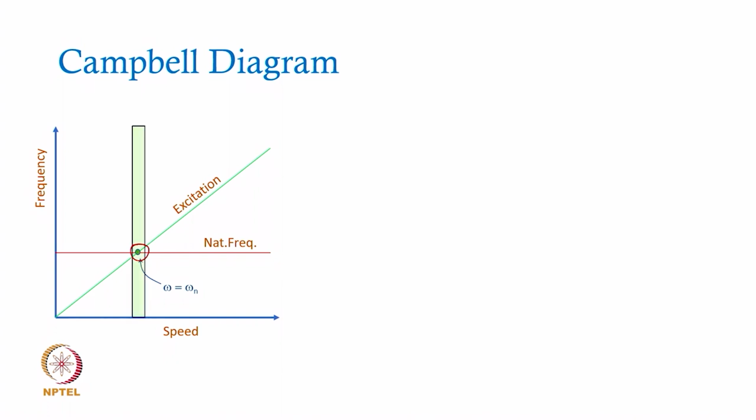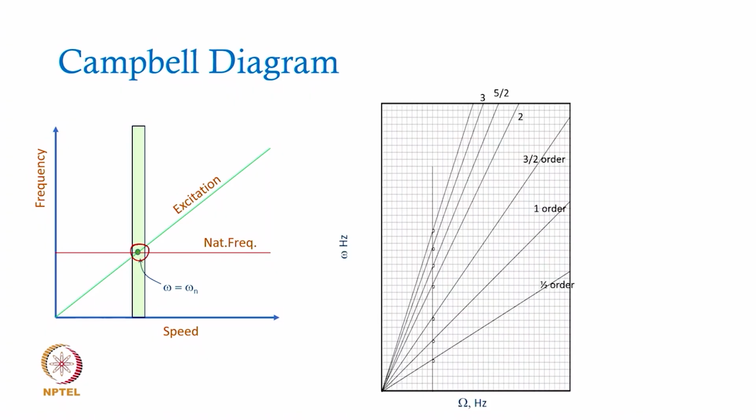So, instead of excitation to be this, in a typical case of a 4-stroke single cylinder engine, this is how the engine order will look like. Now, the first frequency line is called half engine order, wherein if I am operating at, let us say 20 hertz, my excitation is going to be 10 hertz.